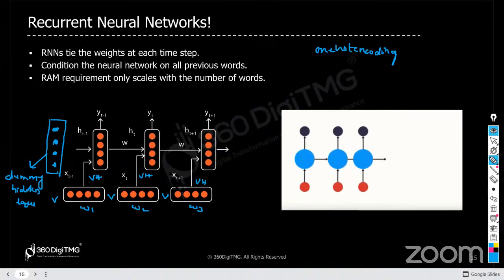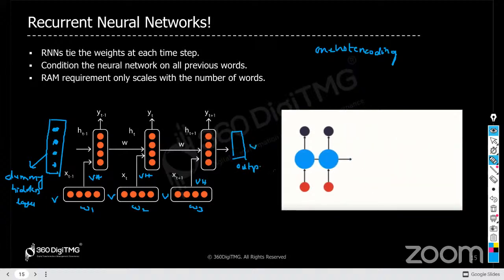Now, you're going to get the output, which is of size V. This output size is V again. For each and every word, we will get the probability, and the word with the highest probability will be chosen as your output. As part of your forward pass, you are going to calculate the loss function or cost function.